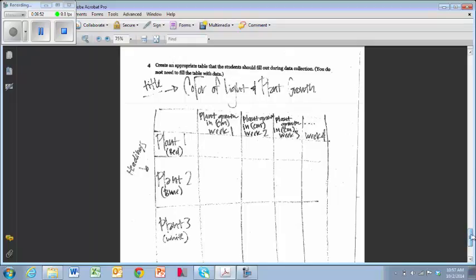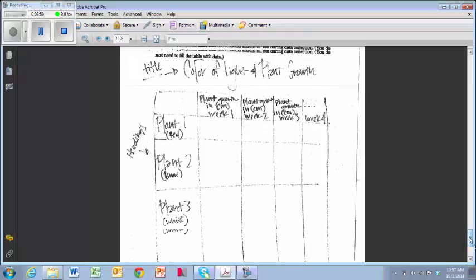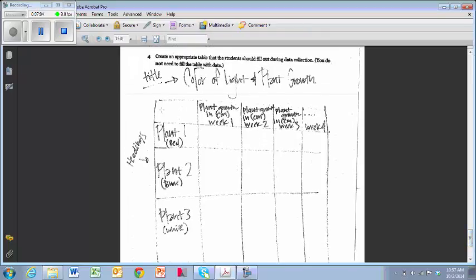You'll notice that the CTL gives an example and then writes down here what they need to have as part of that table. So the 3 important things are a title, headings, and then the type of measurement in parentheses here.